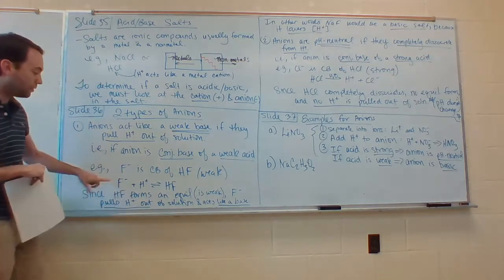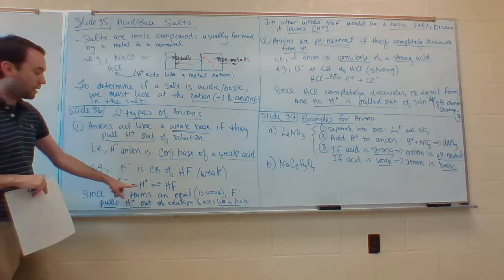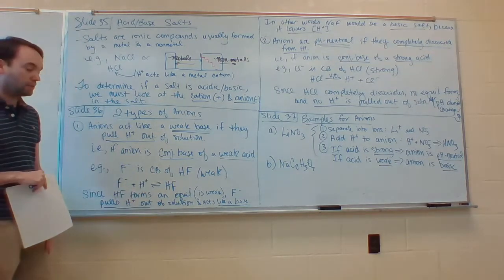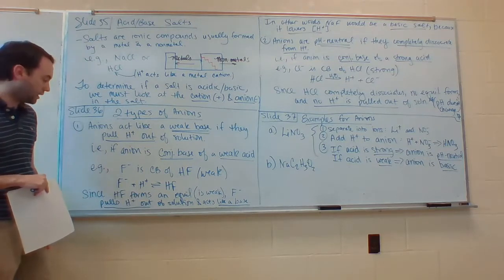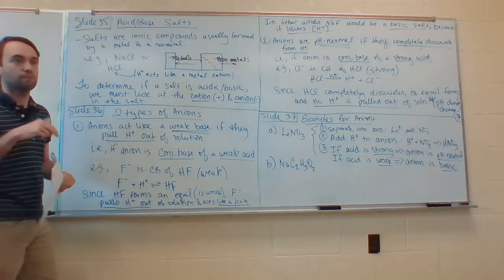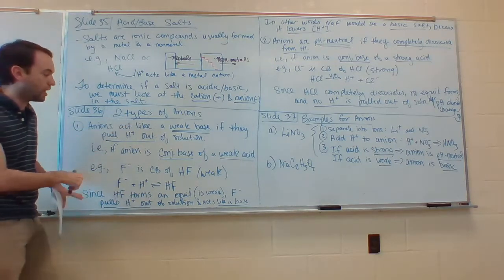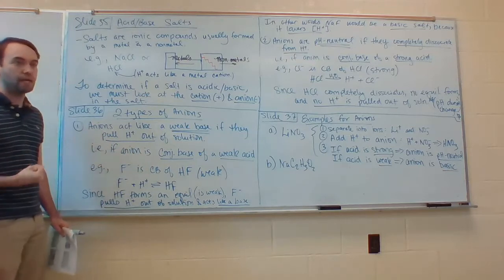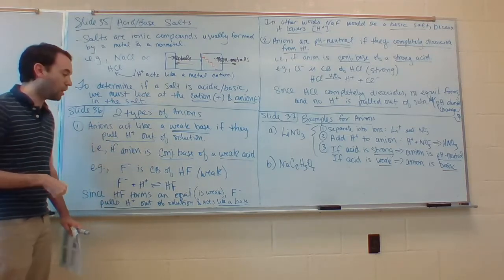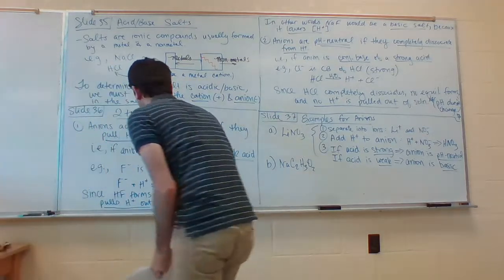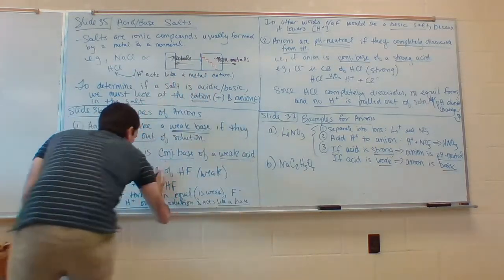Okay, so for example, F minus can pull H plus from solution to form an equilibrium with HF. Okay, so even if we didn't have H plus as something that was in the solution, right? We also know that water contains hydrogen, so we'd be pulling out a proton from our water and thereby producing HF.